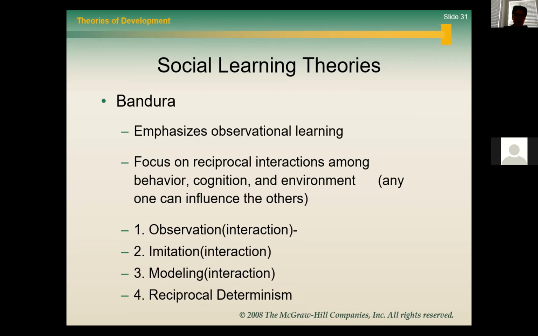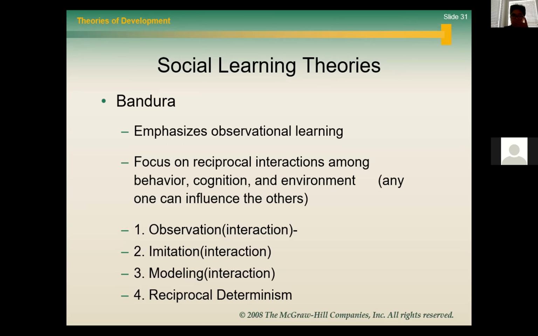Observation, interaction, imitation, modeling, and reciprocal determinism. We observe others' behavior, interact with them, and in the second stage imitate their behaviors or patterns of life. When he or she finds a good role model, they try to imitate and model, and accept them as his hero or her hero.